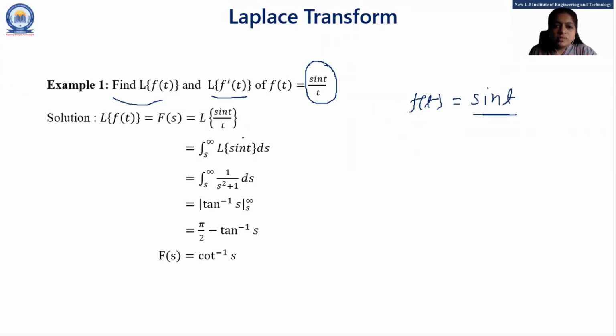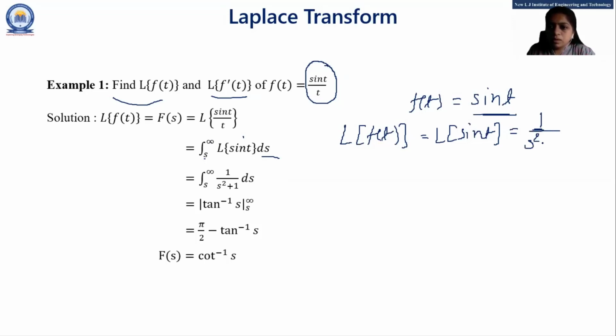So Laplace of sin t is what? 1 upon s square plus 1. And since upon t is there, we'll put integration from s to infinity with respect to s. Any doubt, students? If you wish, you can also write that f of t is equal to sin t, Laplace of f of t is equal to Laplace of sin t, and that is 1 upon s square plus 1, right?